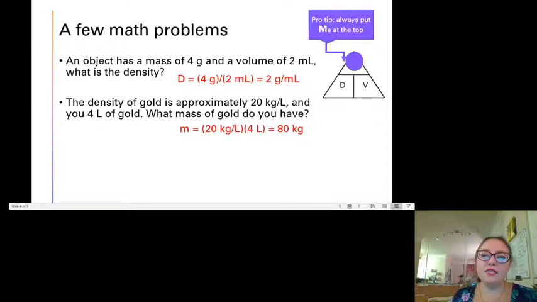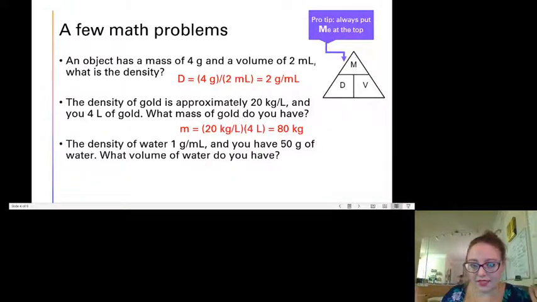And we have D next to V. So whenever two things are next to each other, what do we do? We multiply. So we're going to take that density of 20 kilograms per liter, multiply it by the 4 liters. The liters cancel, and we get 20 times 4 is 80 kilograms, which is a fair amount of gold to have.